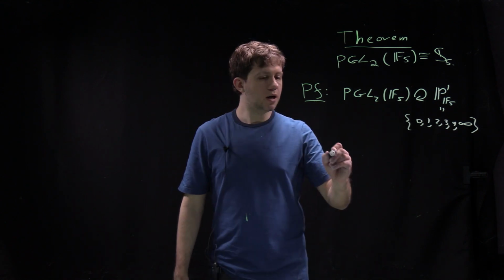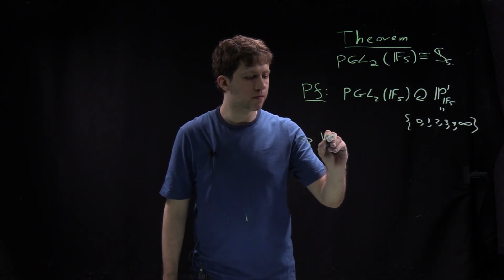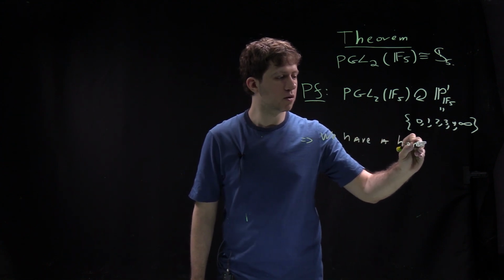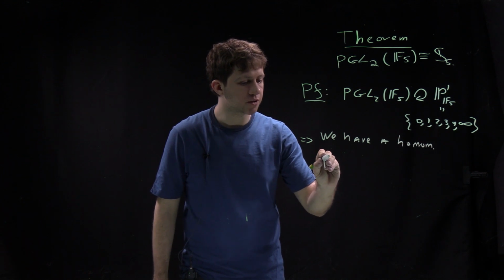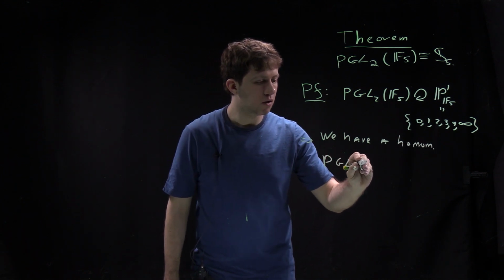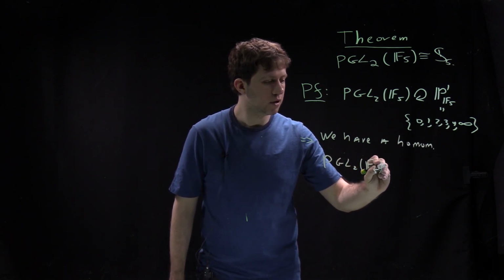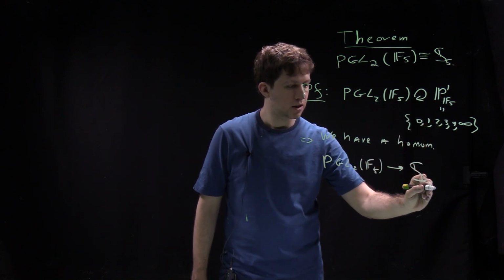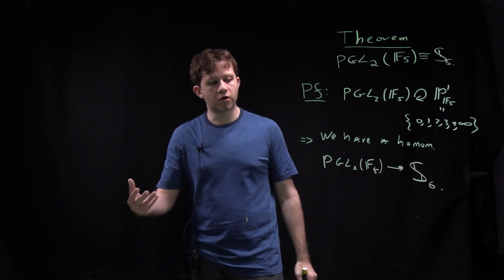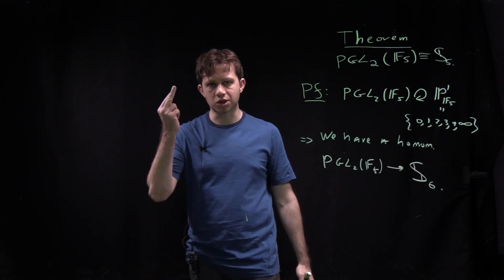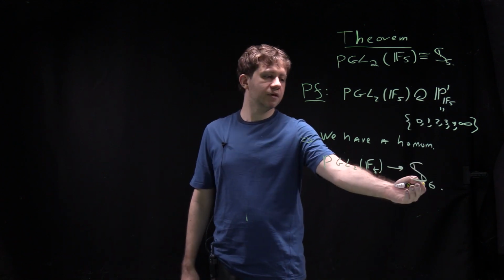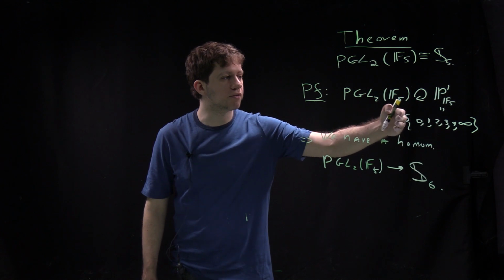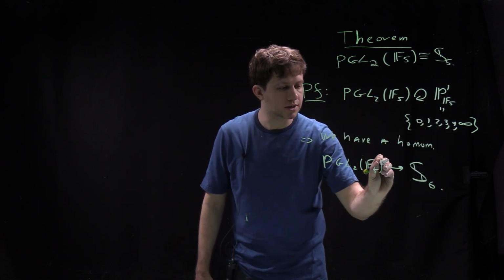So we have a homomorphism from PGL2 of F5 to S6. And again, we know by the theorem above, if such a transformation fixes 3 points, it's trivial. Well, definitely it means it's injective, because if it goes to identity here, it fixes all points. So this is injective.